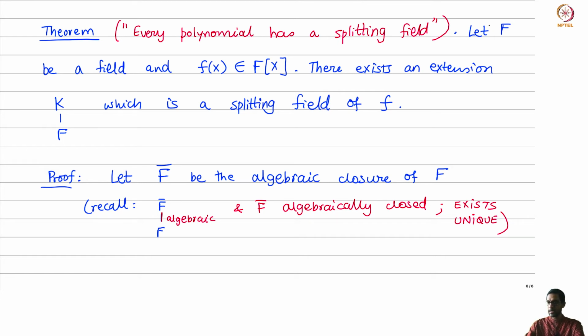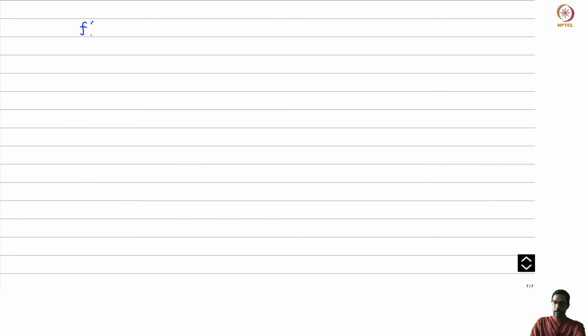So let's just take this polynomial f. We know for sure it splits over F bar, so we can write it as a product of linear factors (x minus alpha_i), i equals 1 to n, where the alpha_i's come from the algebraic closure.